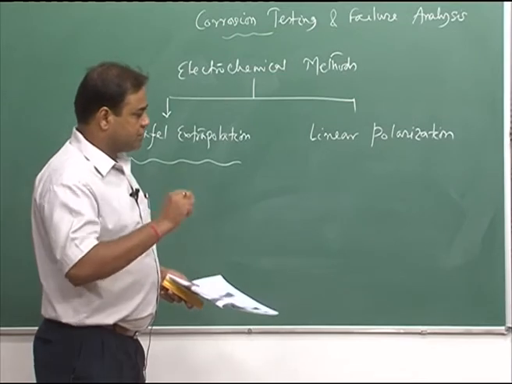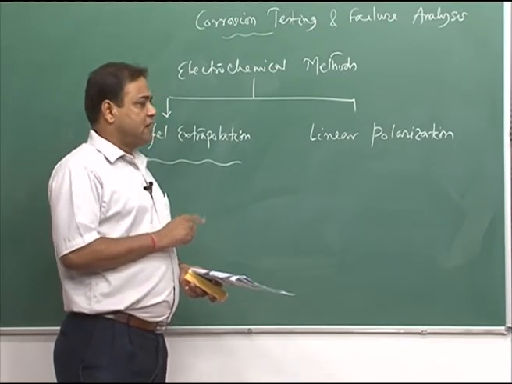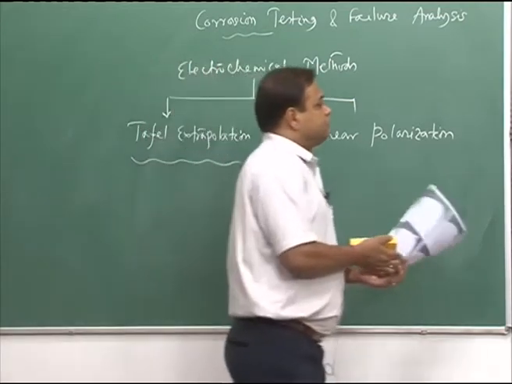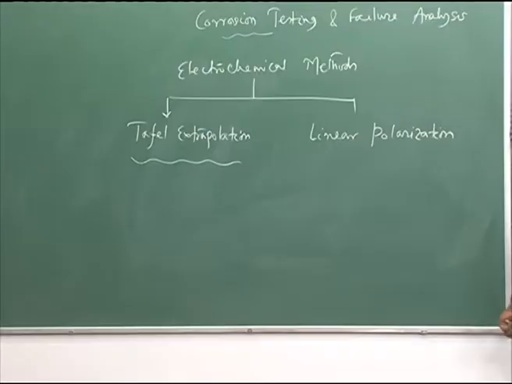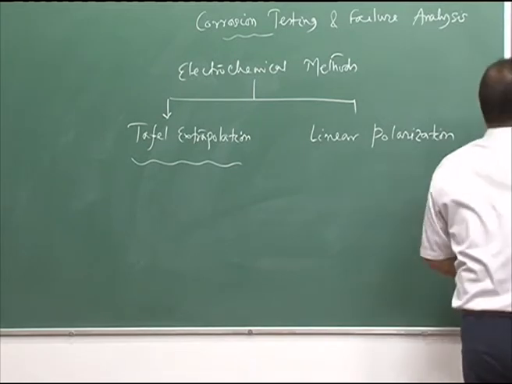There we can determine the corrosion current density at that point, and from that we can find out the corrosion rate. We have already discussed a lot on the Tafel equation and the plots, so those plots will be useful. Let us see how we can find the corrosion rate from Tafel extrapolation.